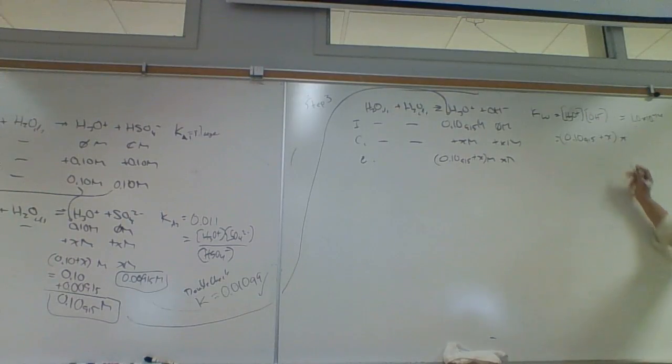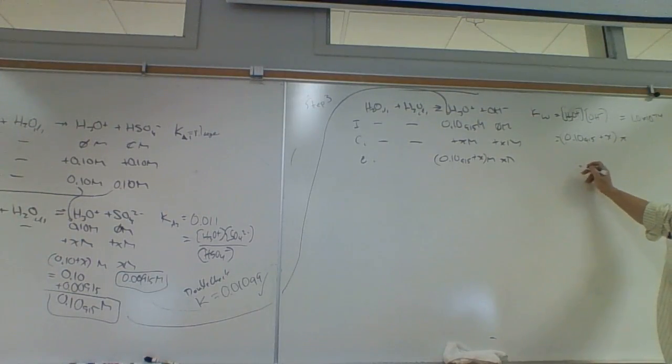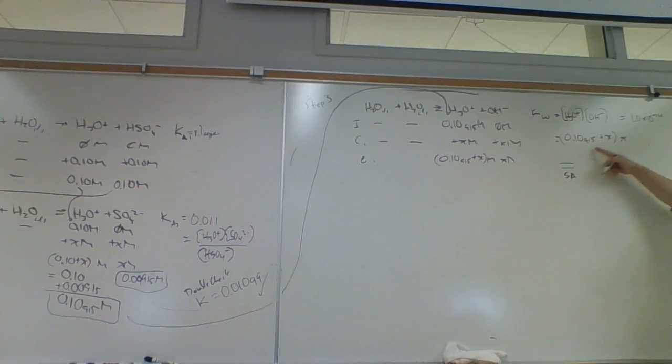And so here, what I'll do is I'm just going to go ahead and use the SA, the simplifying assumption. I'd expect it to work because K is quite small, and this is the significant concentration here.